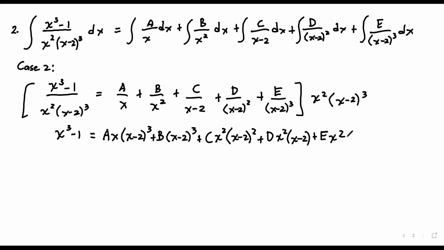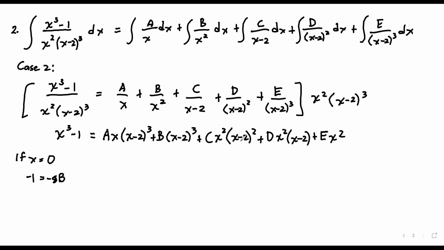Okay, so let's find the value of A, B, C, D, and E. If x equals 0, then 0 cubed minus 1, that is negative 1, equals 0 minus 2, which is negative 2, cube of negative 2 is negative 8b.